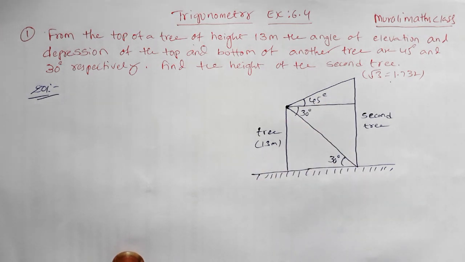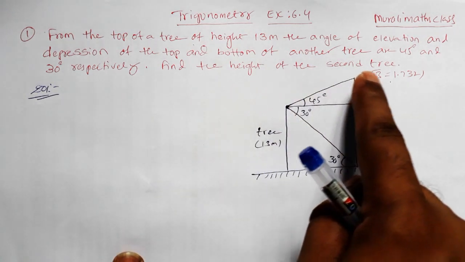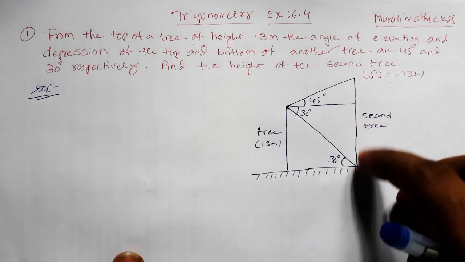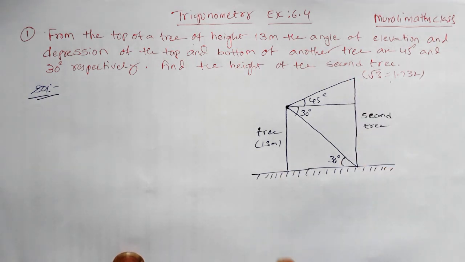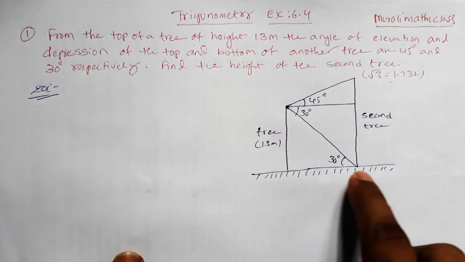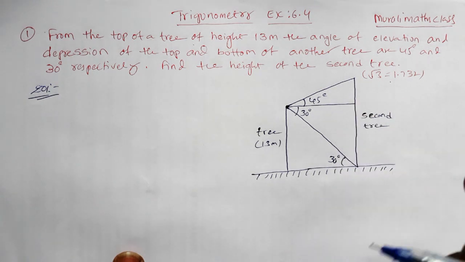Okay. What do we have to find? We have to find the height of the second tree. Second tree means this is the second tree. This height you have to find out. Observe here. If from here to here it is 13 meters, then from here to here is also 13 meters only.